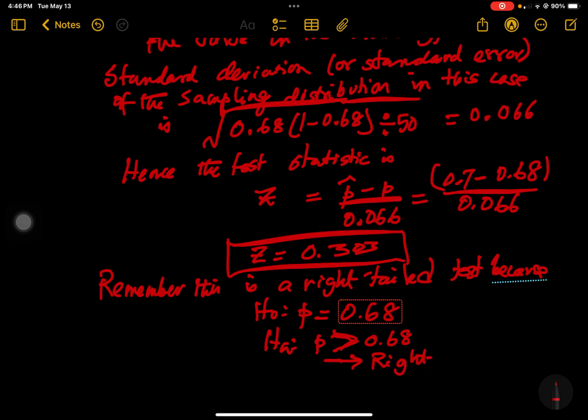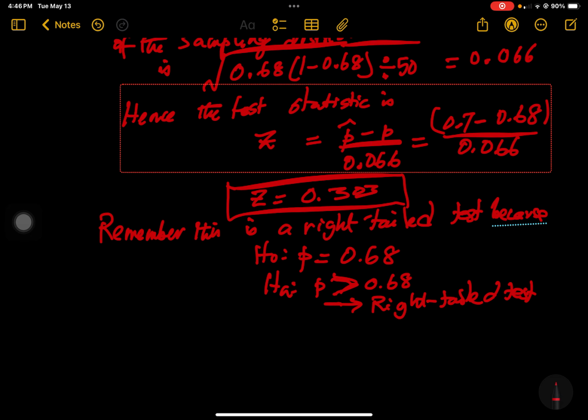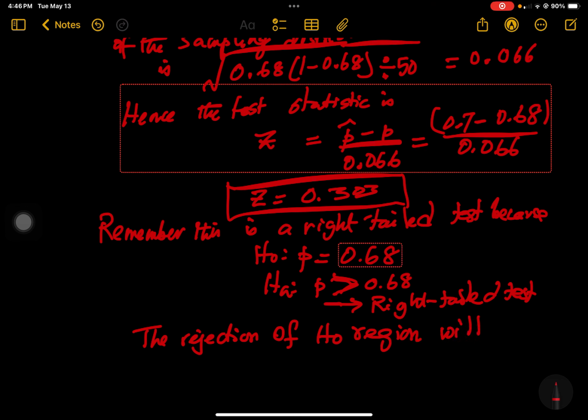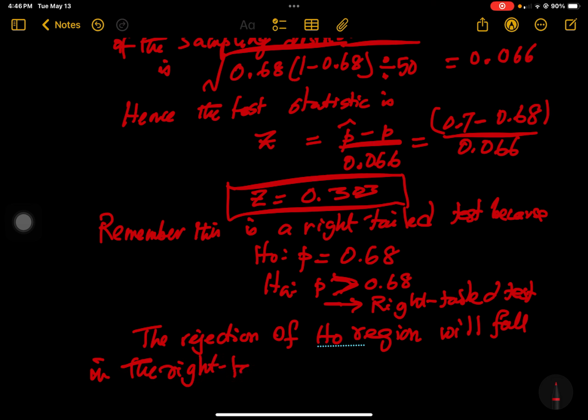So this is a right tail test. That means the rejection region for H0 will fall in the right tail of the Z curve, of the standard normal curve.